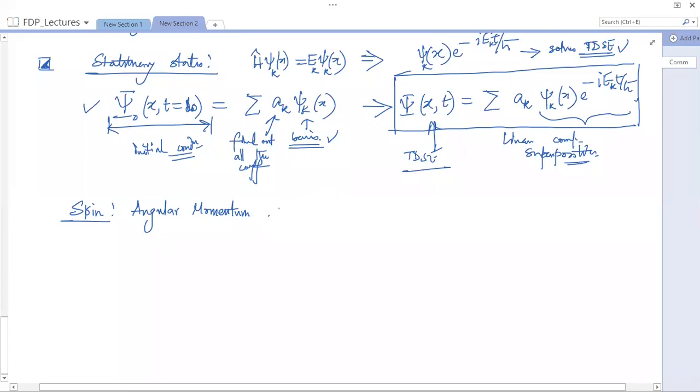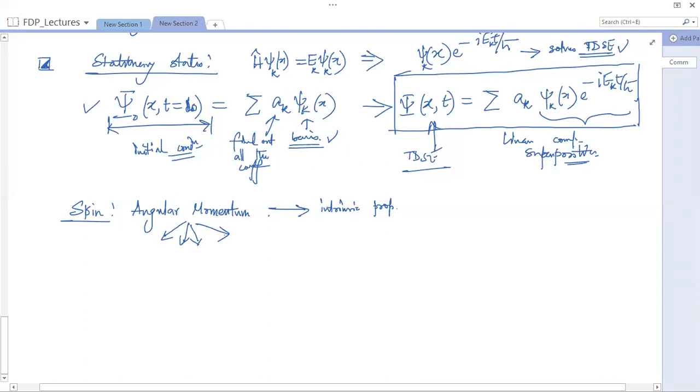So first of all, it's an intrinsic property, and there are many. What is the significance? There are many particles with different mass. What is the significance of mass?